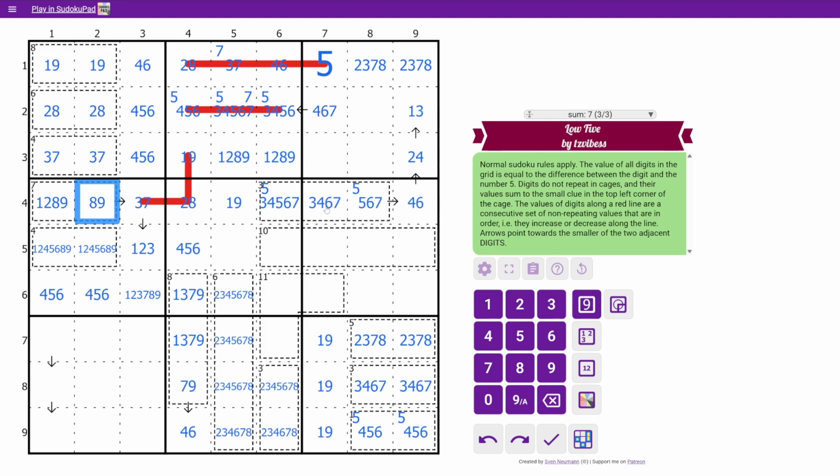So close. Where do I look now? This is going to be a 1, 2.